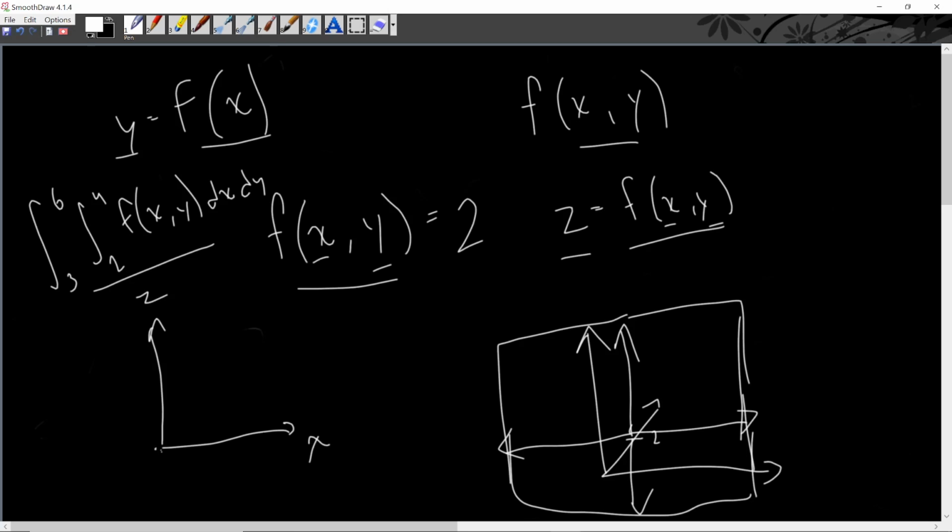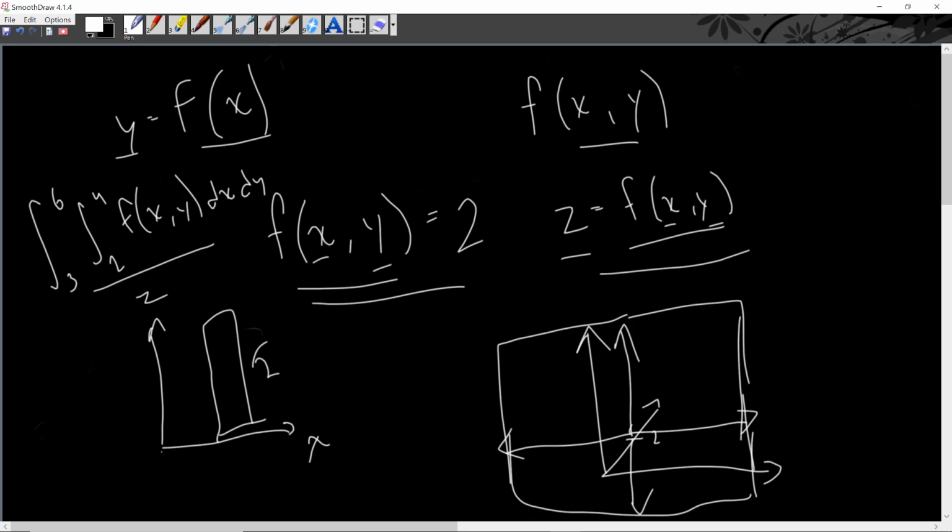Since we're looking directly face into the xy axis, it'll be into the xz axis. It'll be somewhat like this. And so if that equals 2, then yeah, we're kind of done. This is going to be equal to 2 because z is equal to f of xy, and we said that f of xy is equal to 2.